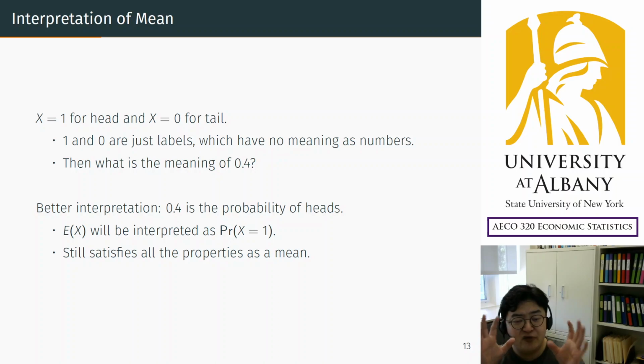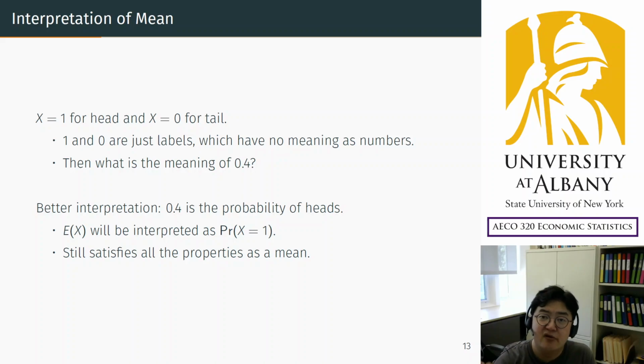If the expected stock return tomorrow is say 10%, then you know what it means. 9.9%, 9.9, 10, or any number is a possible outcome, and it's kind of easy to understand what it means. But here, in this example, numbers are not numbers. Numbers are just labels, names for the outcomes. Therefore, 0.4 has no meaning as a number.